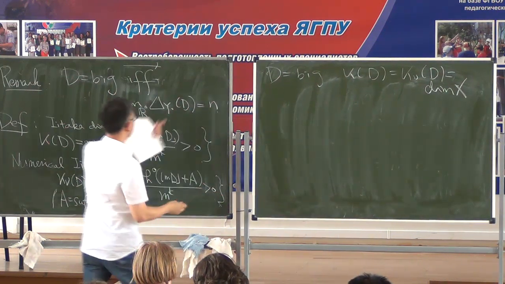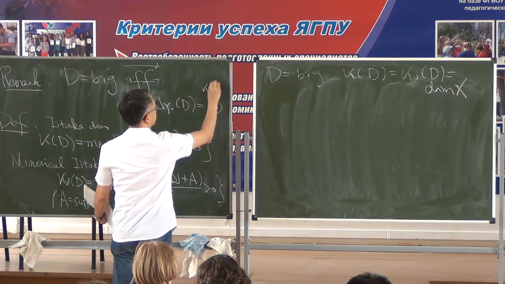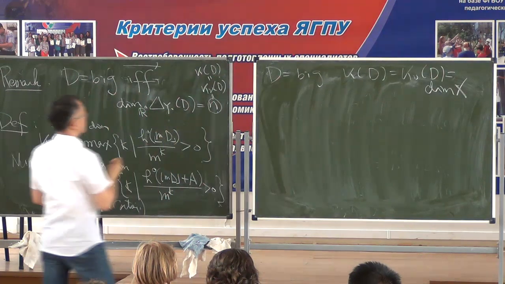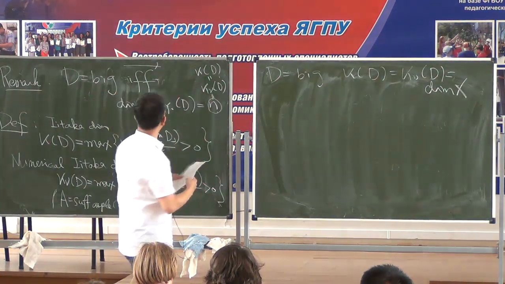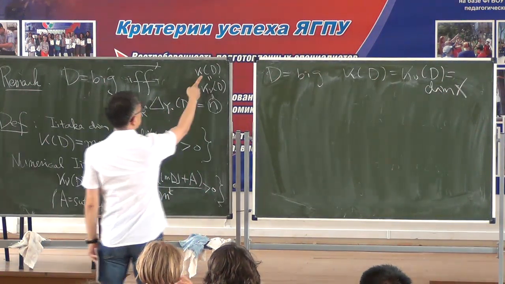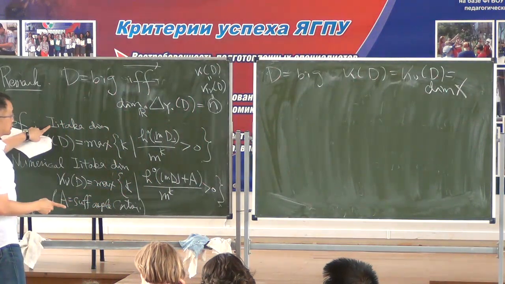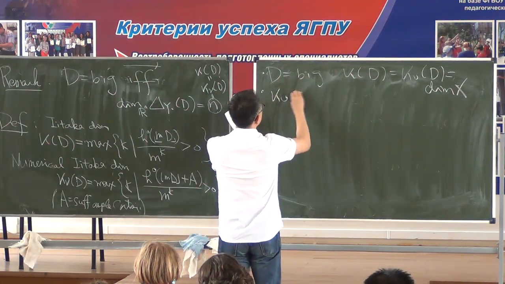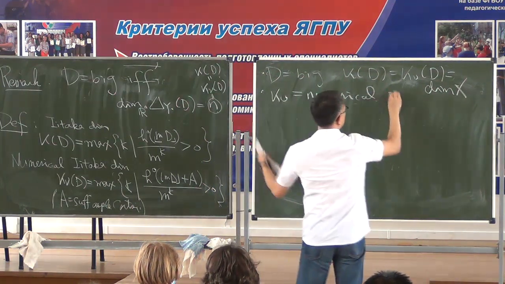Here n is actually the dimension, so you can put kappa here, because n is this. So in the big case, it actually catches the dimension, the numerical Iitaka dimension or Iitaka dimension. This is the first property, and kappa nu is the numerical property.